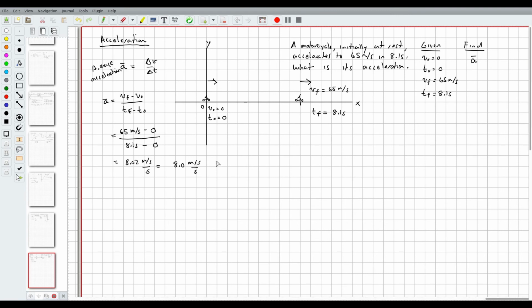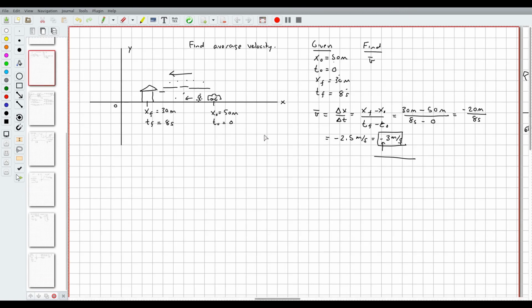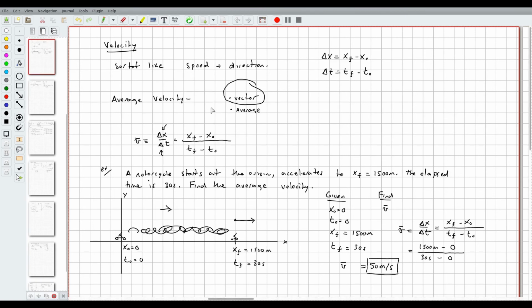Now, the way to think about this is similar to how you can think about velocity. With velocity, every second that goes by here, you go minus 3 meters. Here, every second that went by here, you went 50 meters. 50 meters per every second.